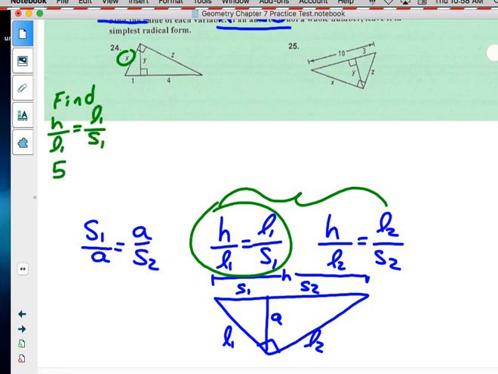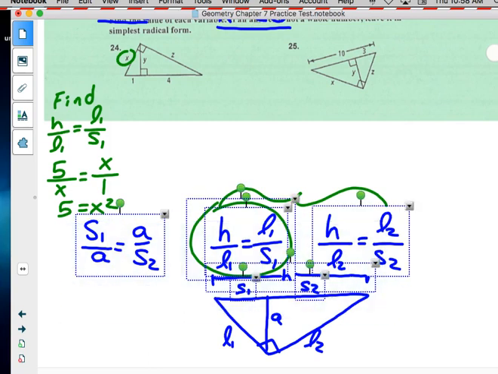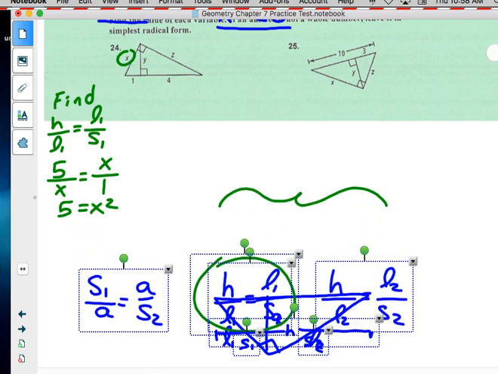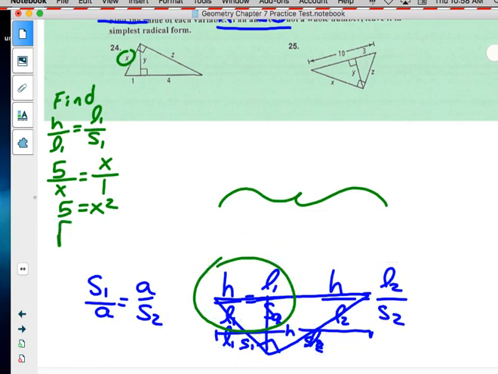H is 5, L1 is X, and S1 is 1. So this is 5 is equal to X squared. And then remember, I've got to take the square root of both sides when we're looking that over. So I'm just moving my stuff down, and I got the square root of 5 is equal to X.